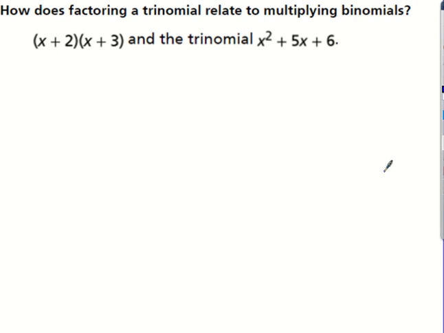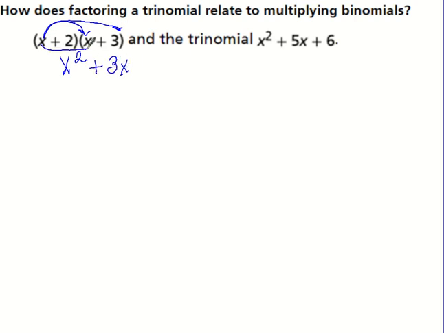So it says, how does factoring a trinomial relate to multiplying binomials? Remember, binomial means 2 and trinomial means 3. So we're going to multiply these binomials and see how they relate to this trinomial. First I'm going to multiply my binomials. x times x gets me x squared, and x times 3 gets me 3x.